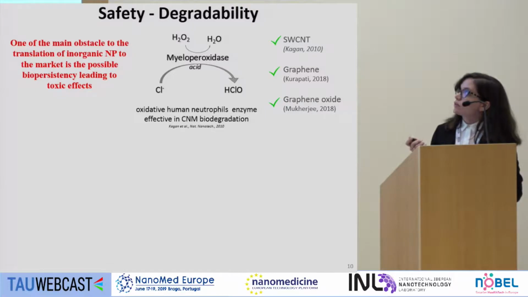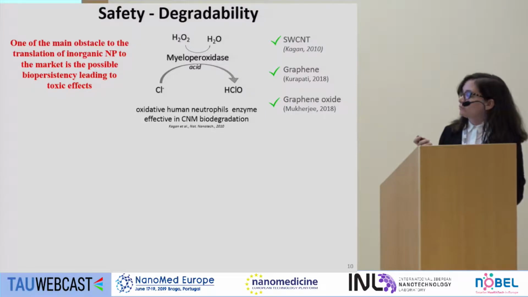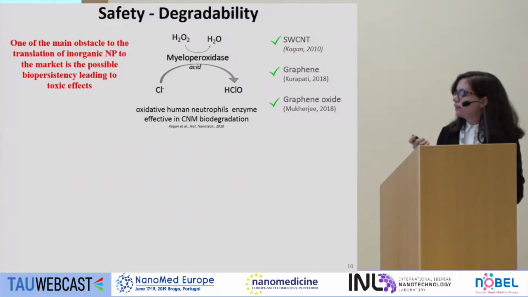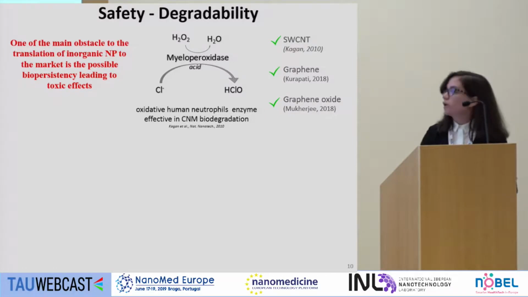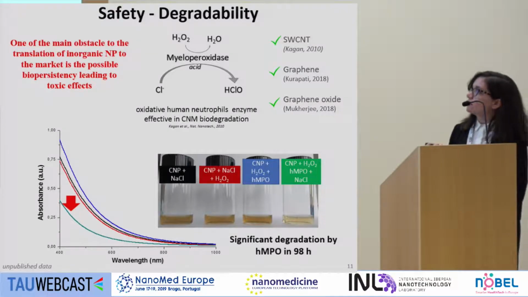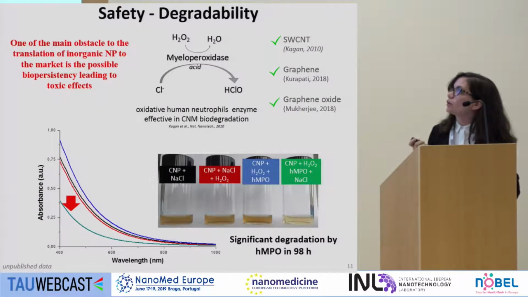The mechanisms of degradation involve the formation of highly potent oxidants like hypochlorous acid in the presence of hydrogen peroxide by the enzyme. So we tested the degradability of our carbon nanoparticles in the presence of the full system.